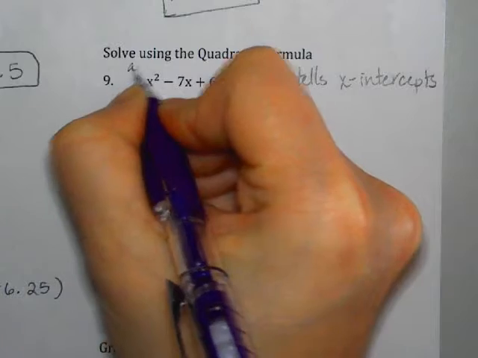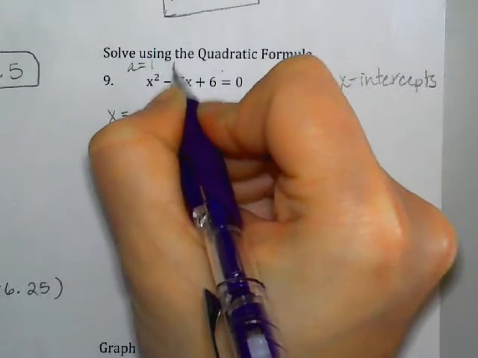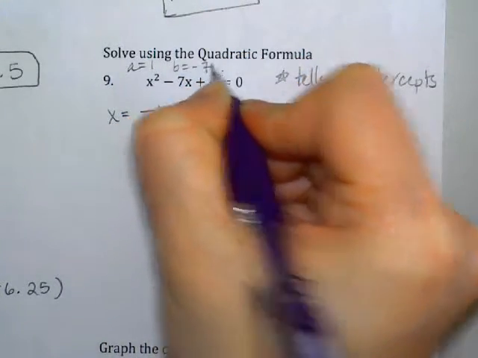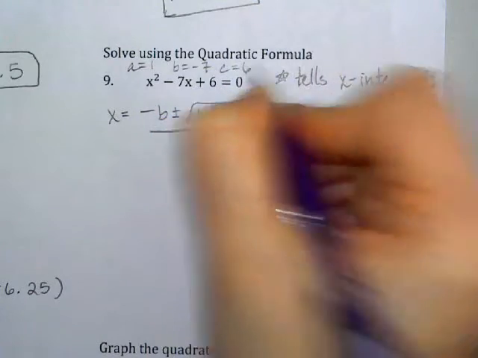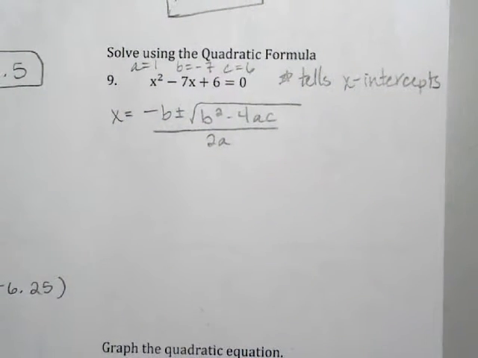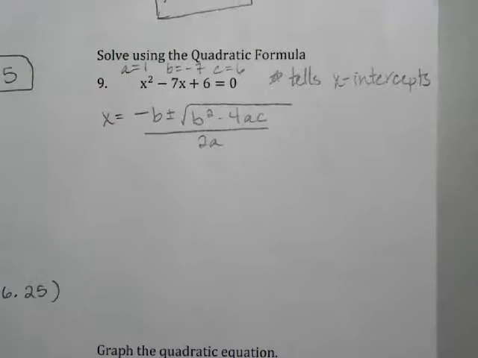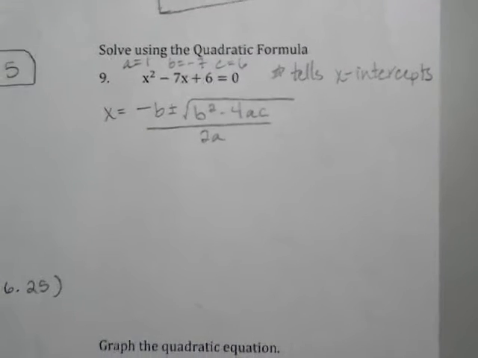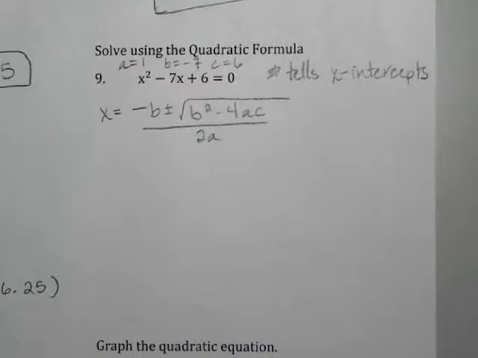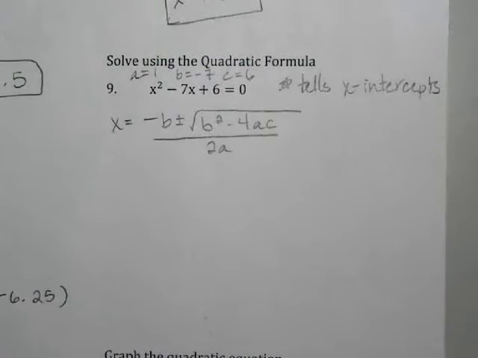So on this one, our a value is 1, b value is negative 7, and c value is 6. Always make sure to watch your negatives with this.